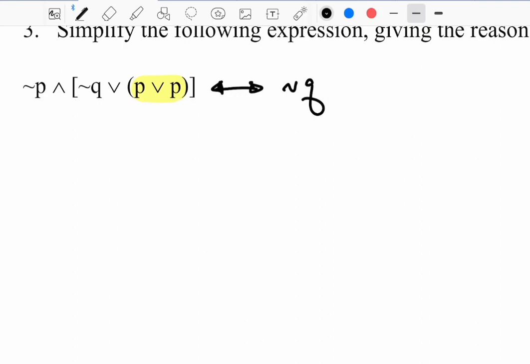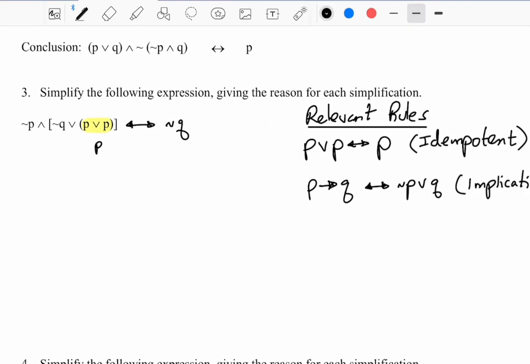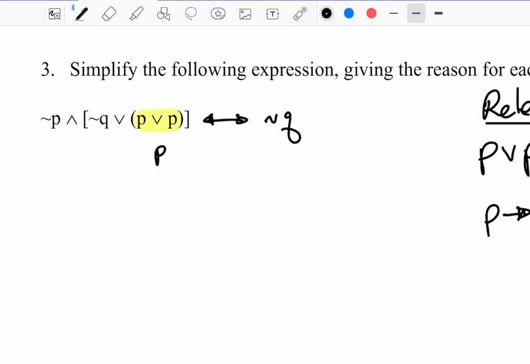disjunction. All right. So this is going to be equivalent to P, and that's because of the idempotent law, which says P or P is equivalent to P. All right. So I'm going to just rewrite everything else. Let me actually do that in red.